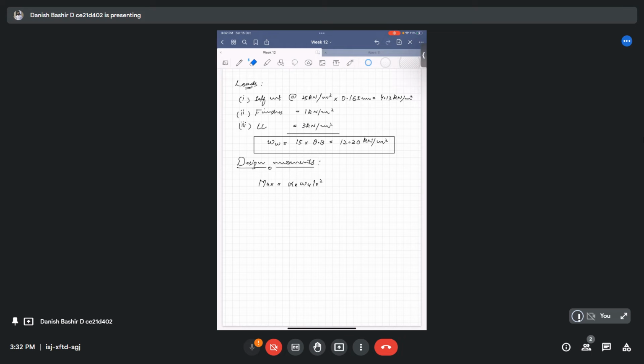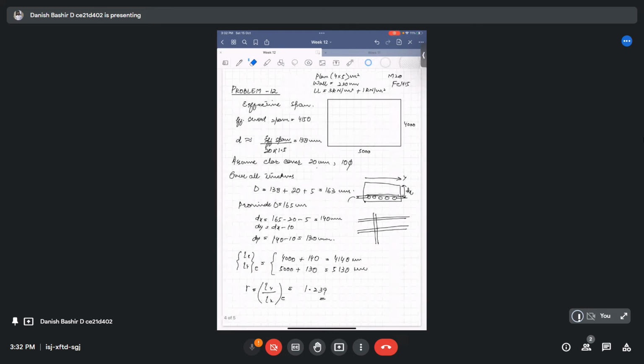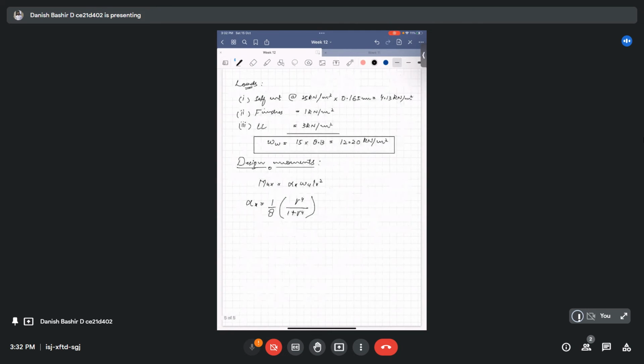So you plug in the formula for alpha x that I already told, that is 1 by 8 times r power 4 divided by 1 plus r power 4. Substitute the value of r as 1.239, which I already calculated here. Substituting 1.239 in this equation will give you alpha x coefficient as 0.0878. Okay, and alpha y as 1 by 8 times 1 over 1 plus r power 4.